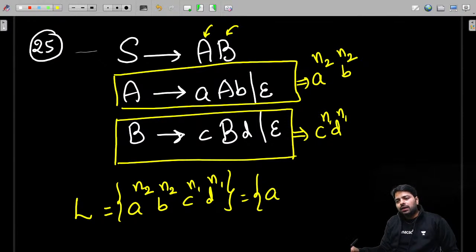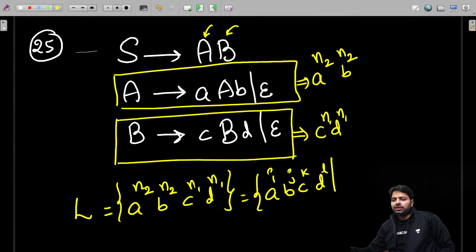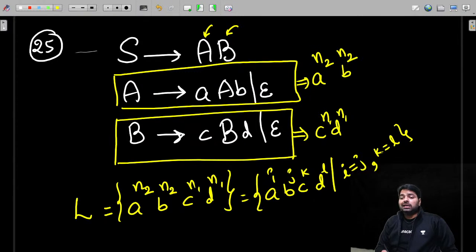I can say A power I, B power J, C power K, D power L, such that I is equal to J, comma, don't write or, it is and, remember, and K is equal to L, where I, J, K, L are greater than or equal to 0. That comma represents and.